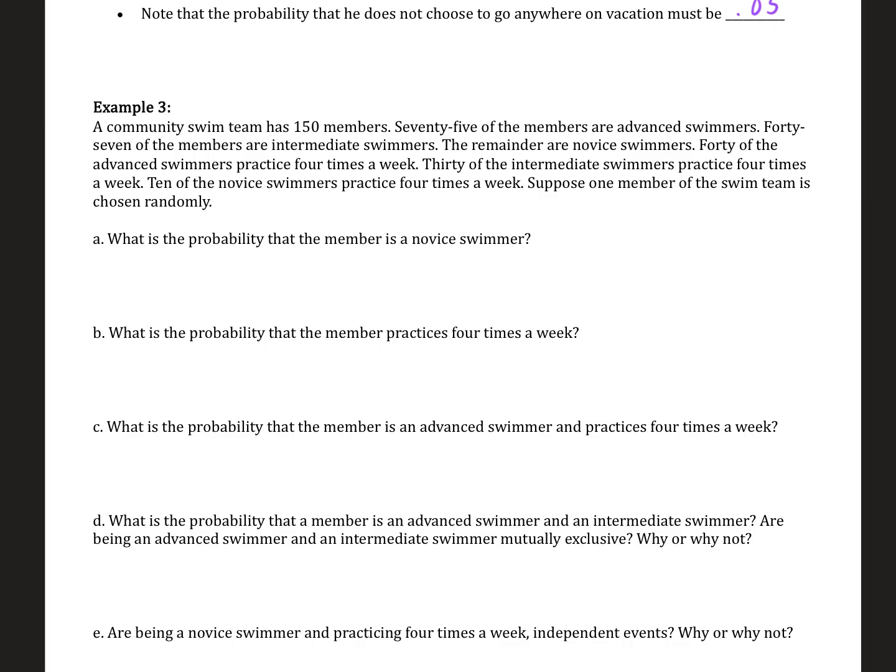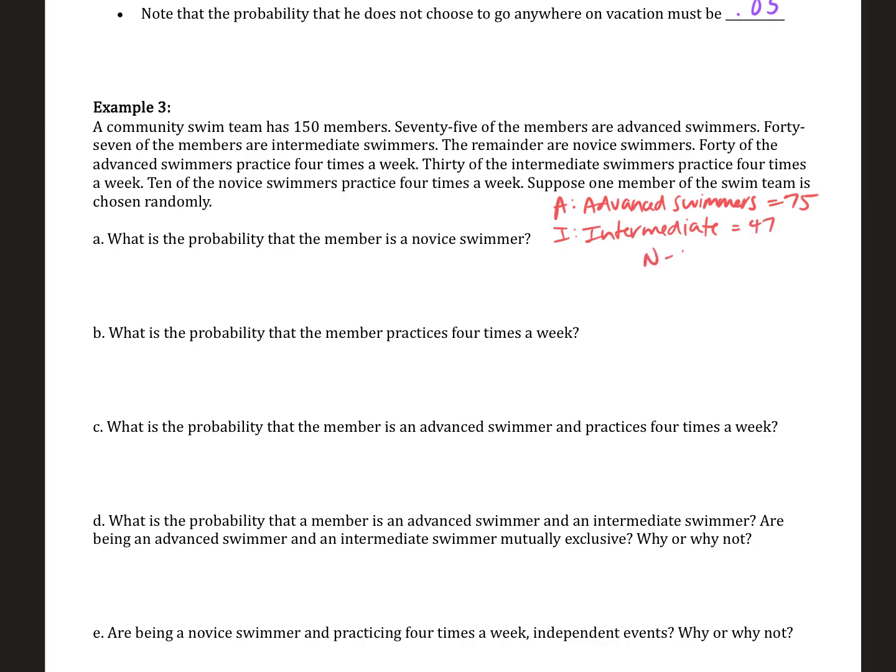So first of all, we're going to label what everything is. I'm going to say A is my advanced swimmers, and there are 75 of them. I are my intermediate swimmers, and there are 47 of them.